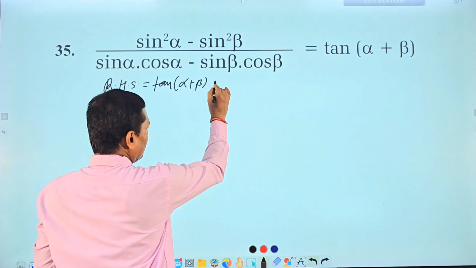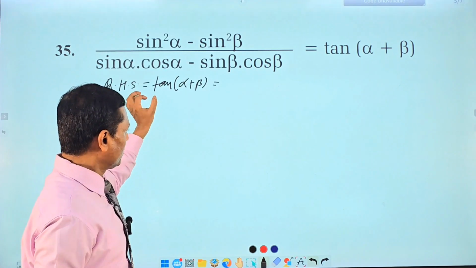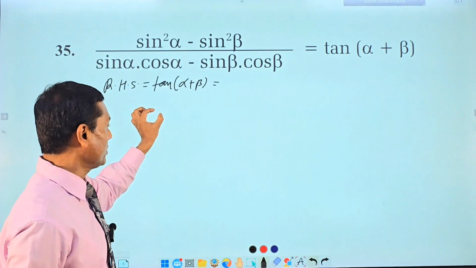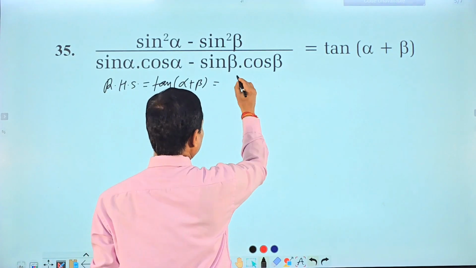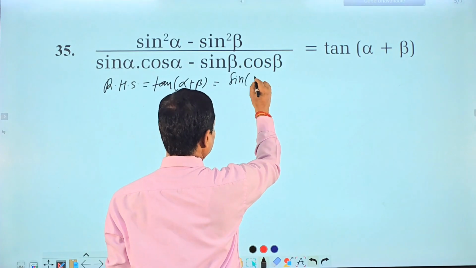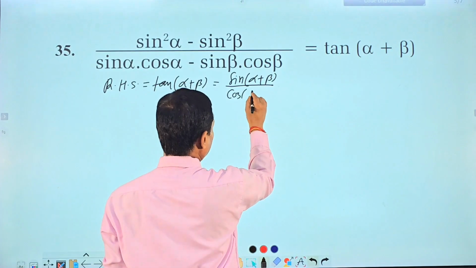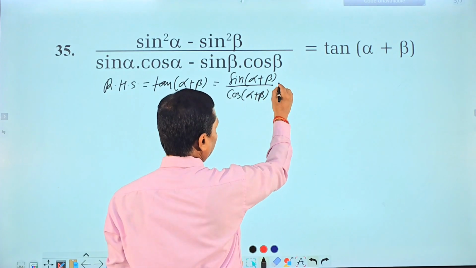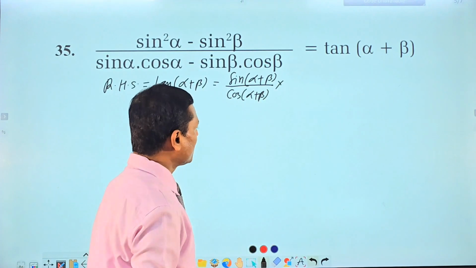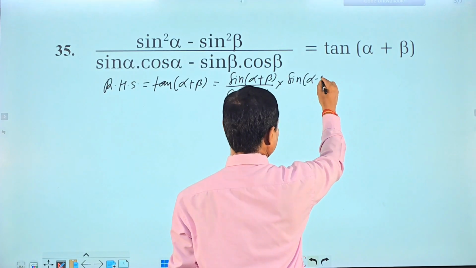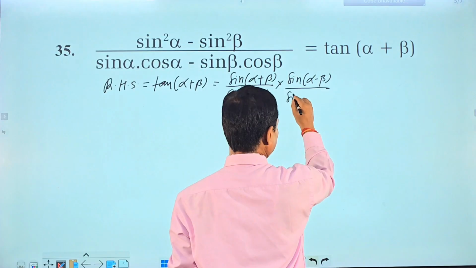Okay, here tan a plus b. So we are not going to apply the compound angle formula of tan a plus b. So tan is changed into sin by cos. So we can write here sin alpha plus beta over cos alpha plus beta. Alright. Now let's multiply the numerator and the denominator by sin alpha minus beta.